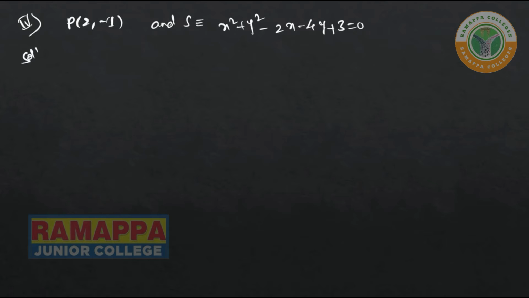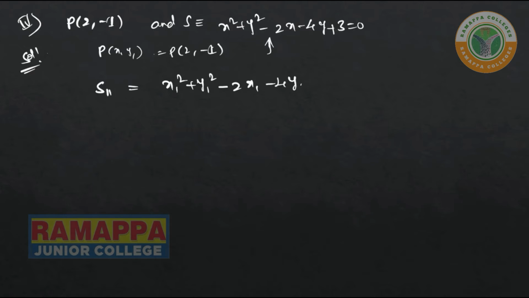Here next one, fourth one solution. So P is given as x1 comma y1, which is 2 comma minus 1, and the circle equation is already given. So in this we have to find S11, which is x1 square plus y1 square minus 2x1 minus 4y1 plus 3. In this we have to substitute the values. X1 square means 2 square, plus y1 square is minus 1 whole square, minus 2 into 2, minus 4 into minus 1, plus 3.